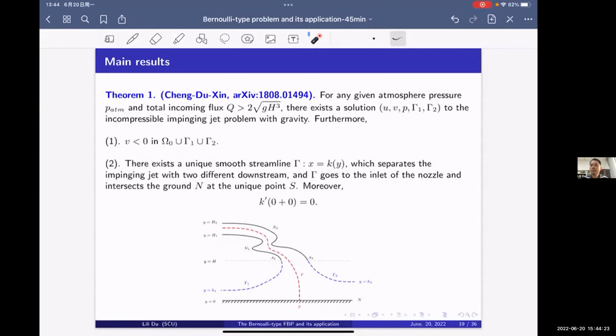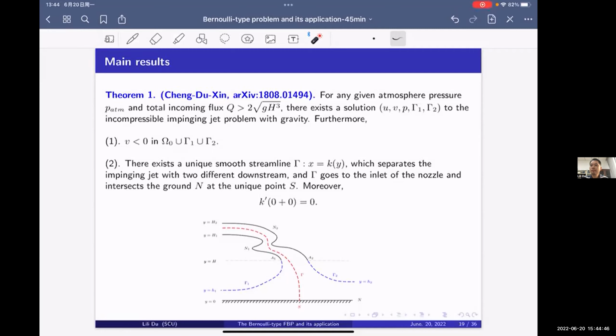Professor McKenna, yes, please. Can I ask, maybe your problem is a stationary problem, some kind of evolution equation maybe. What is the time evolution equation?